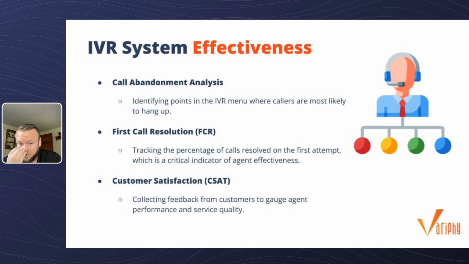You want to optimize your menu, streamlining your IVRs to make them more user-friendly and efficient. And then track your self-service success rates, measuring how often customers can resolve their issues through the IVR system without needing to speak to an agent, because that one's huge. That's the main point of IVRs. So if you have good self-service success rates, you should have some good efficiency in your call center.